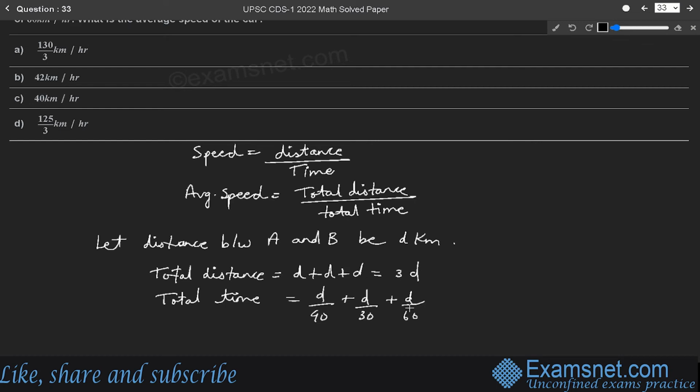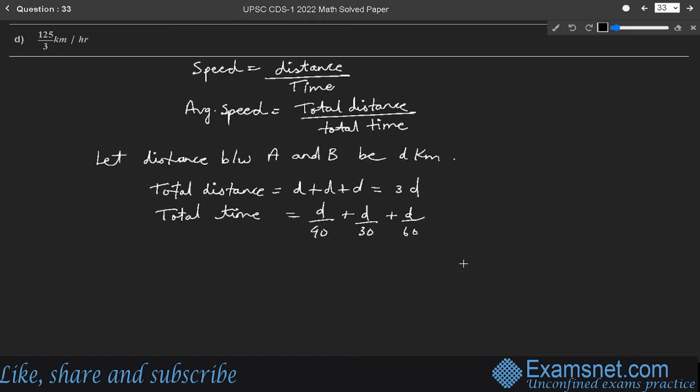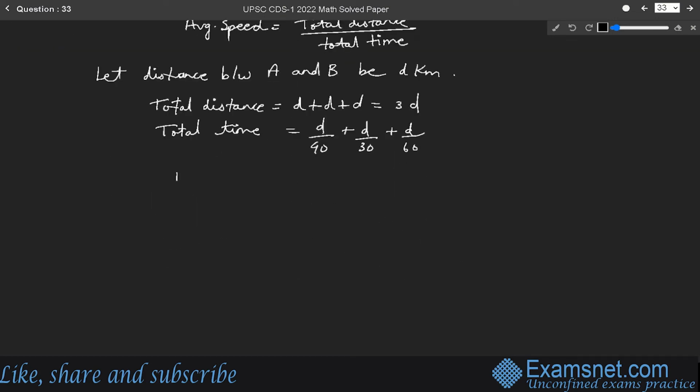Now let us find the average speed. Average speed is total distance upon total time. So average speed will be equal to 3d upon d by 40 plus d by 30 plus d by 60.